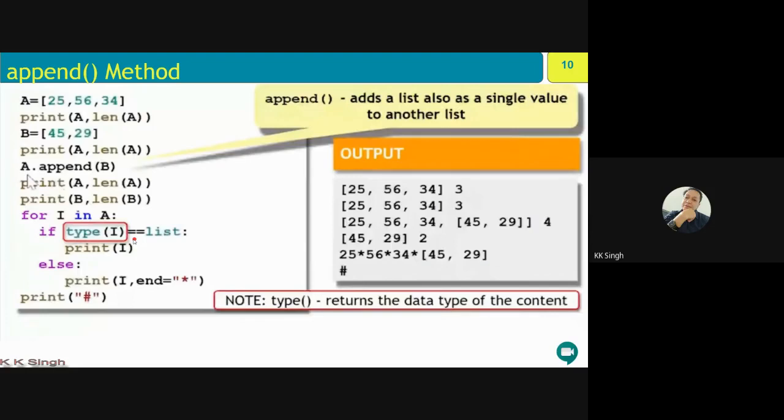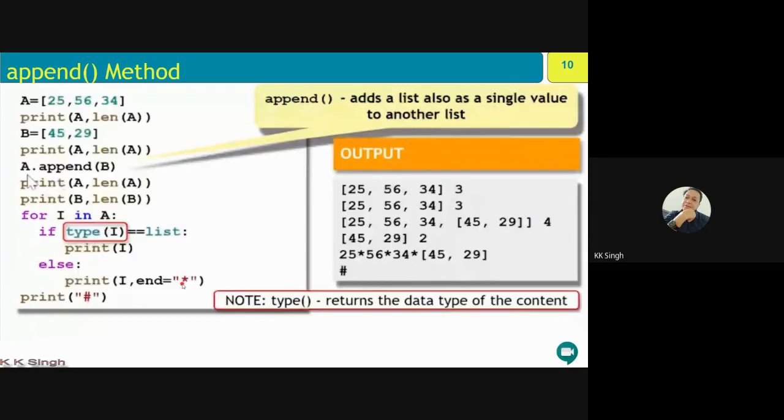So type I is not a list, and that is why it comes to the else part, where it prints I: 25, 56, 34, and the third index value is 45 and 29, which is again a list. After printing, because of the end operator, everything prints on the same line, and after each value you will see an asterisk inserted.